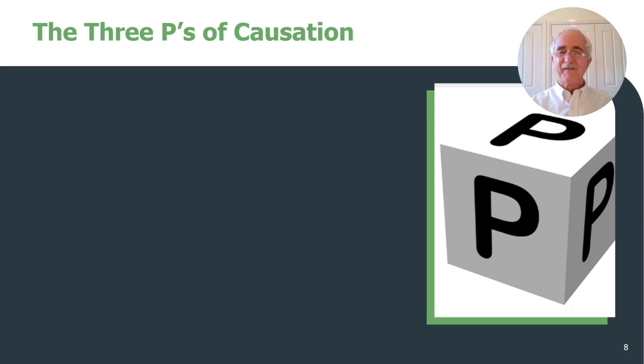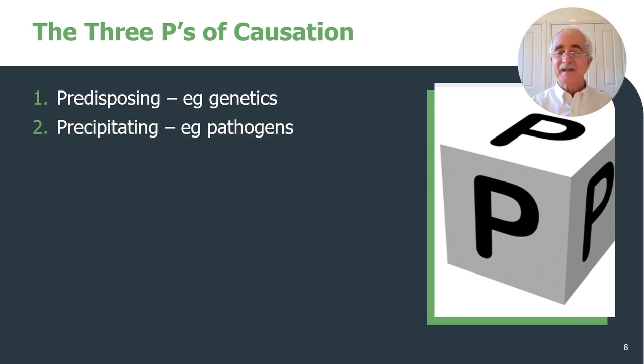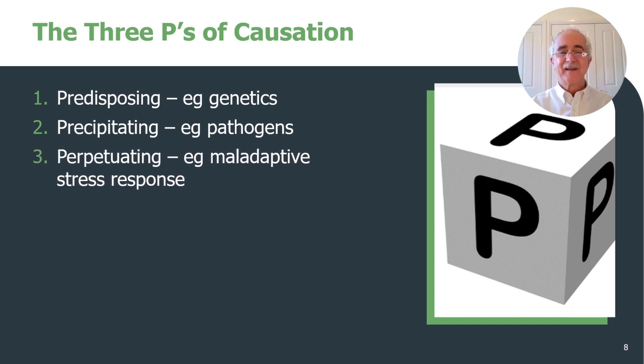So I've defined causation by the 3 P's: predisposing, like genetics; precipitating, like a pathogen, and here that's definitely the case, I think, in many autoimmune diseases; and perpetuating, for example, a maladaptive stress response or a sensitization of the immune system to self-tissues.